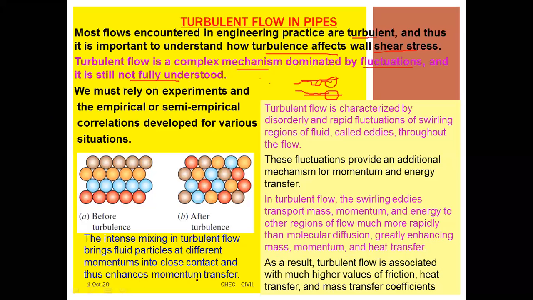If you see the balls, the liquid particles, their colors before turbulence and how the balls are shuffled after turbulence: at the top surface you have brown balls, at the second layer orange balls, on the third layer blue balls, and on the fourth layer red balls.